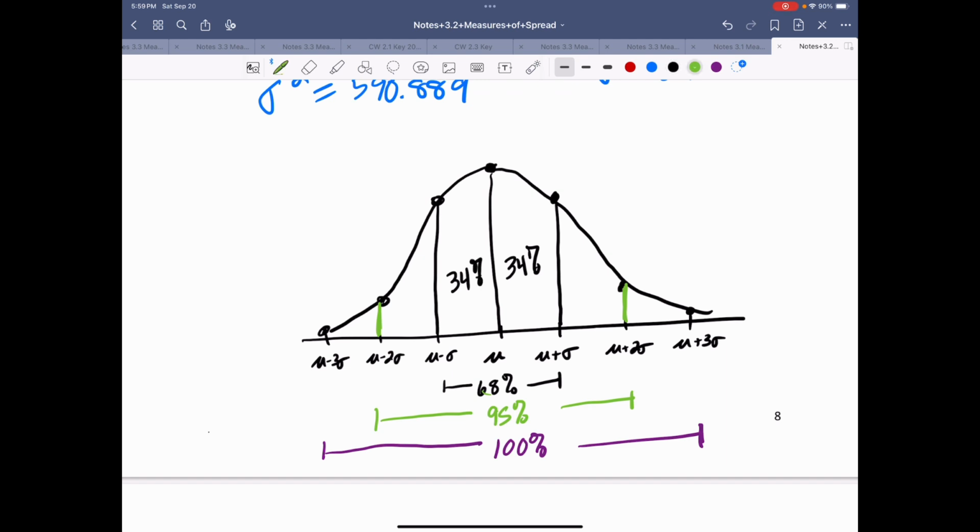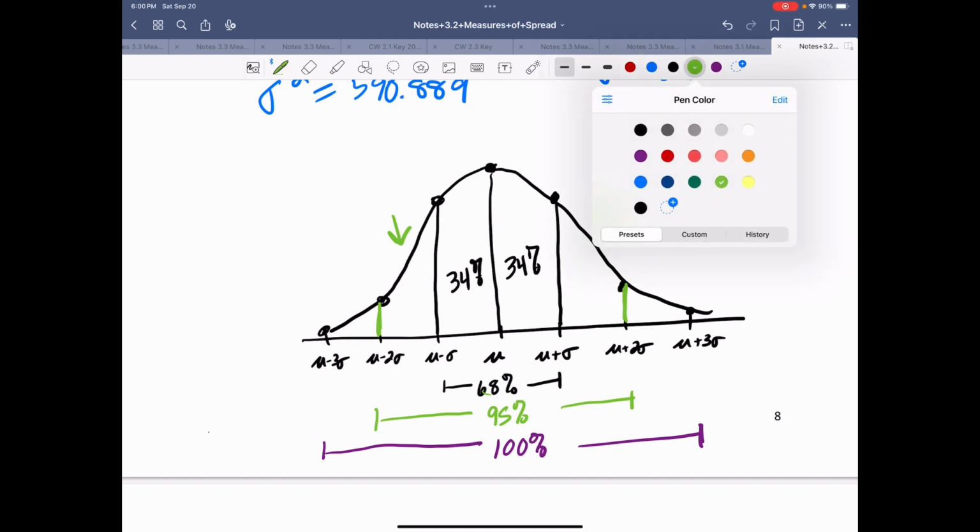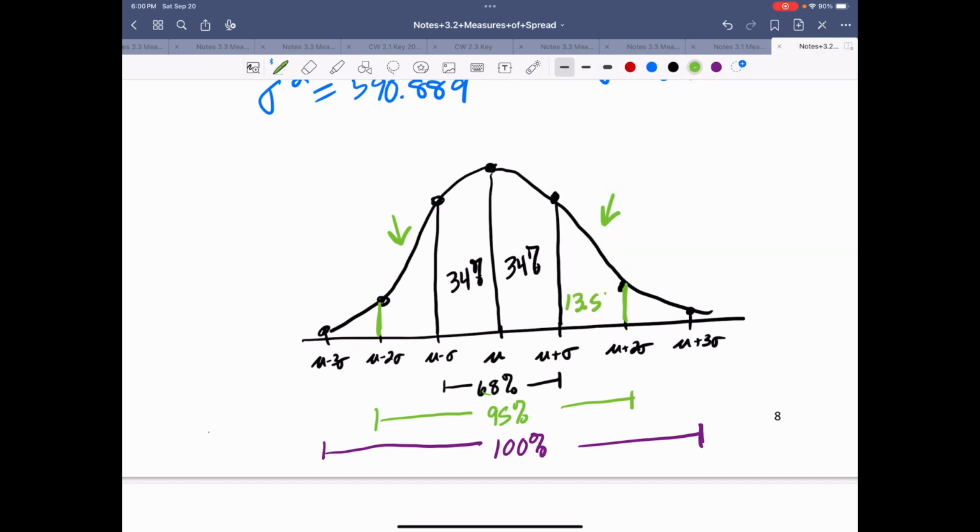Now, this and this, I'm going to do the same thing. And I'm talking 95% of the area, but I've already used 68%. So on your calculator, you're going to do 95 minus 68. I'm picking up 27% more, and I'm going to divide by 2. And I'm picking up 13.5%.